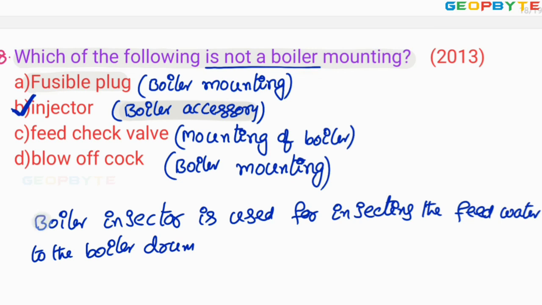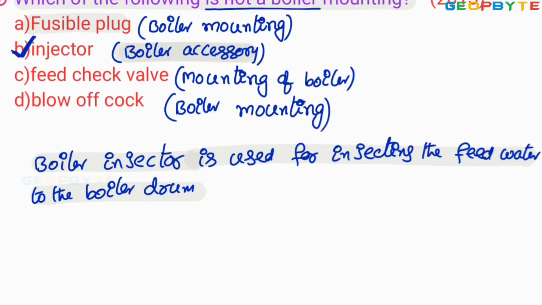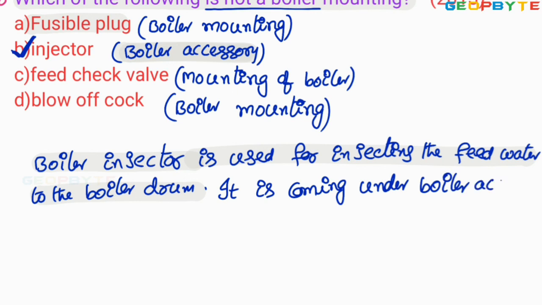So boiler injector is used for injecting the feed water to the boiler. For injecting the feed water to the boiler, injector is used. It is coming under boiler accessory.